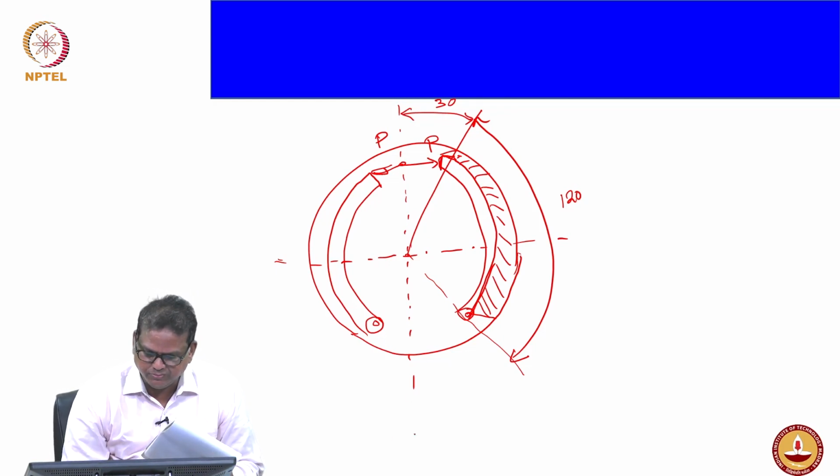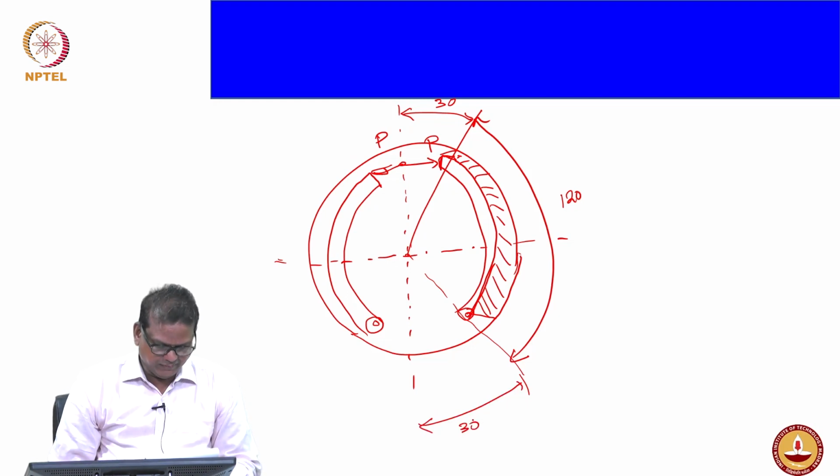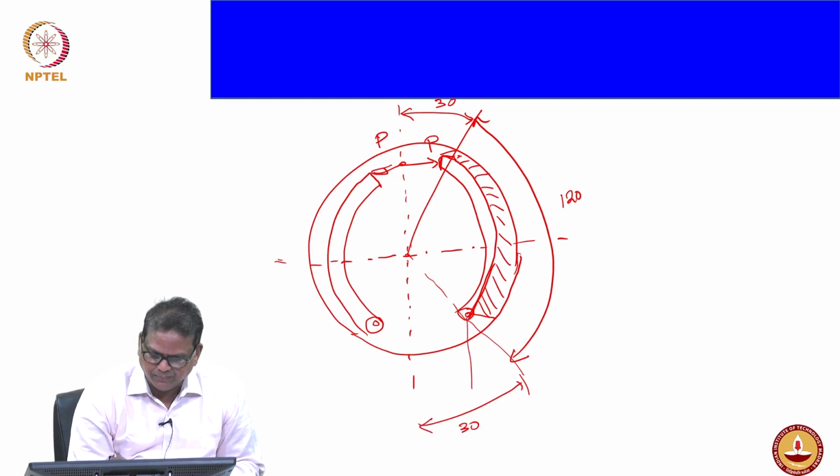From here to this position is 30 degree, that is given. Then I just wanted to show the h value from the center of the drum to the center of the pivot, the dimension is given as 50.